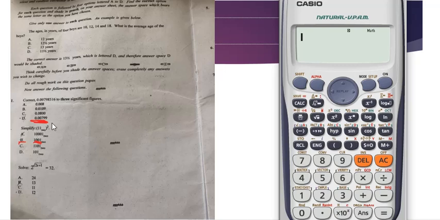The reason why I'm using Wassce questions is that I want you to get familiar with how the questions are set and how to solve them. Else I would have begun from your textbooks.